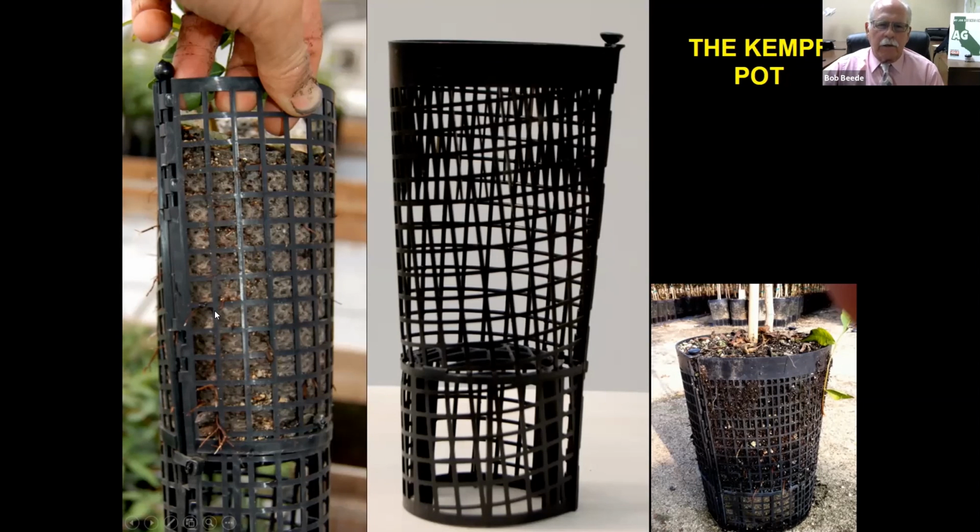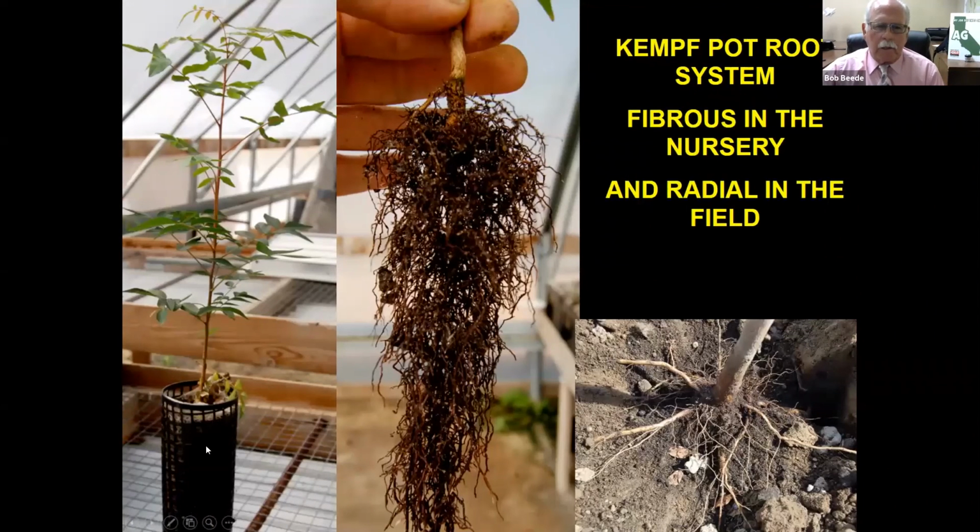And this system is also being used as a way of providing these aerial roots for less danger of saturated pot soils. These pots come in different sizes, and here's a small tree that could easily be machine planted.